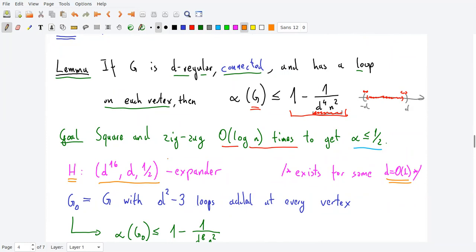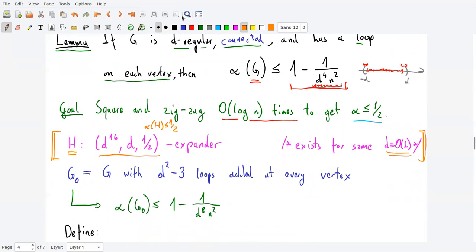However, you can use the same construction that we'll finish during this tutorial to get d to the 16 vertices instead of d to the 8. So we hard code in the algorithm some base expander H for some constant d that has this property, for which the alpha of H is bounded by 1/2. So this is the base graph that we will be using.